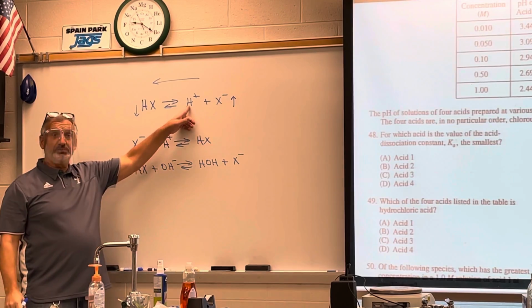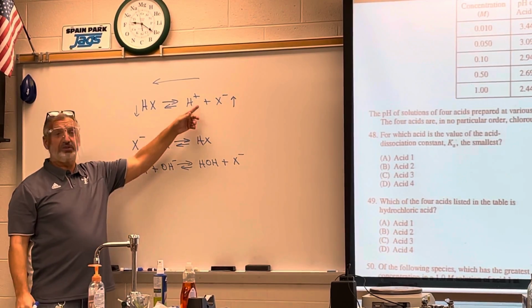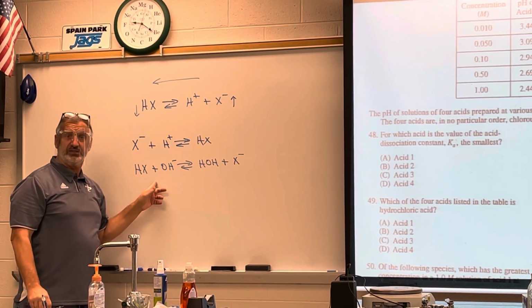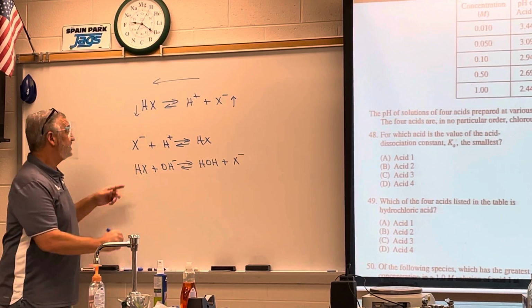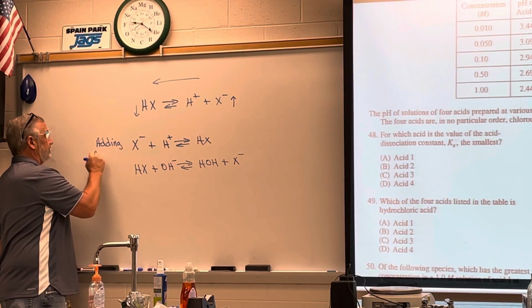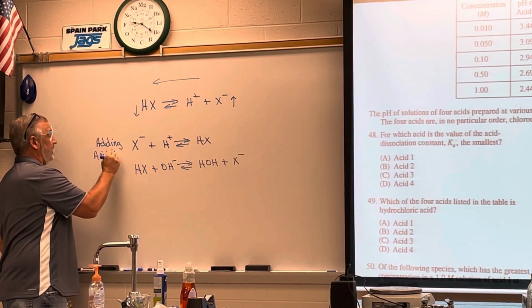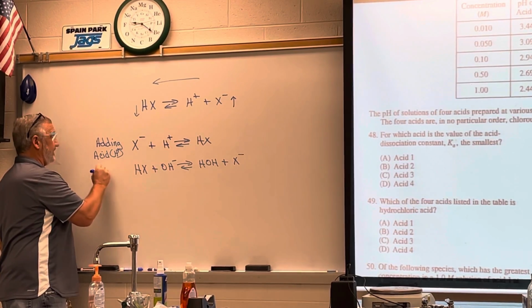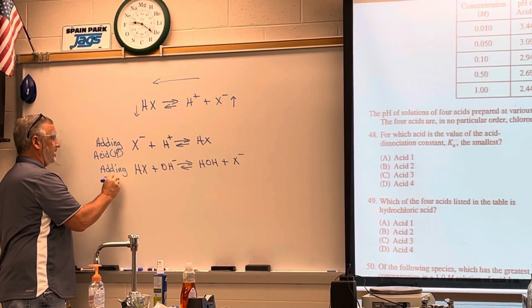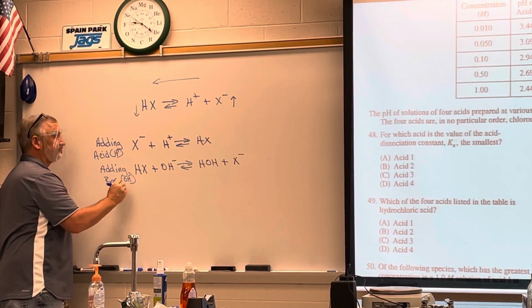I like to think of it as pulling this out and then forcing the equilibrium to the right, but if you have to write a net ionic equation, this is the equation you're going to write for the base. So this is adding acid, H plus, and this is adding base, OH minus.